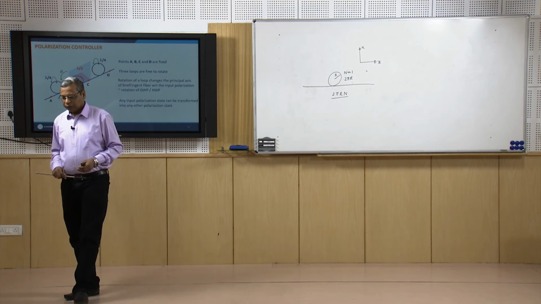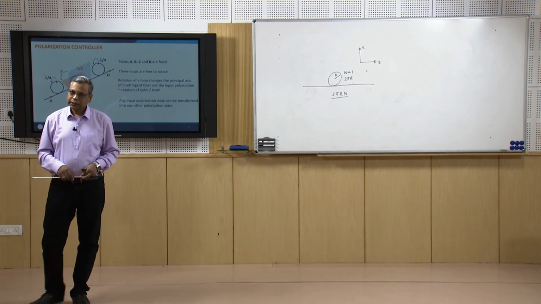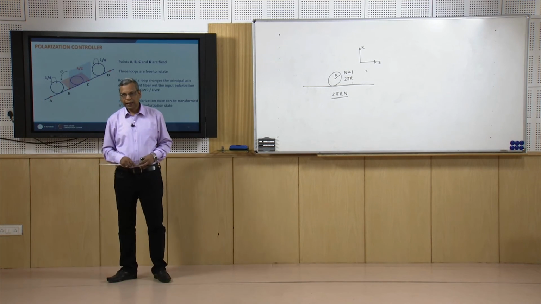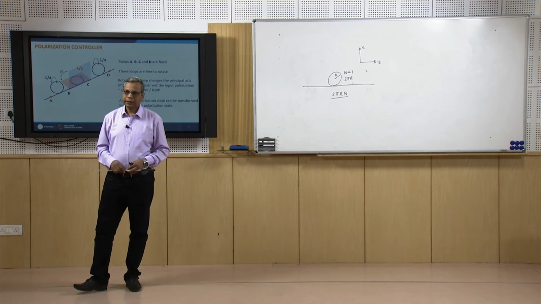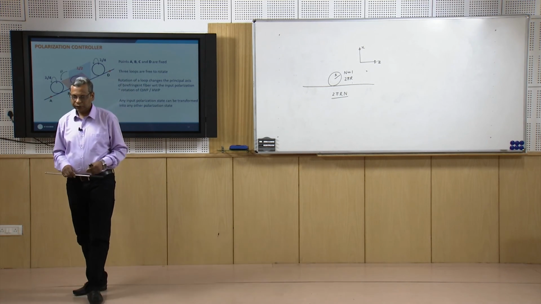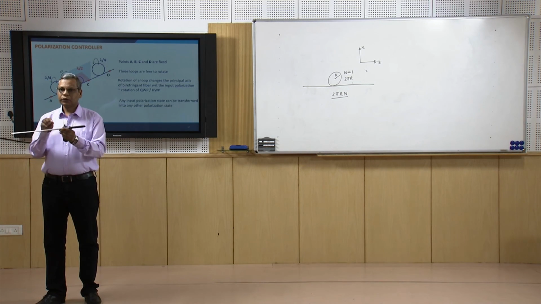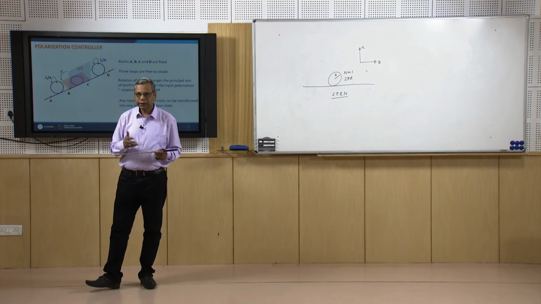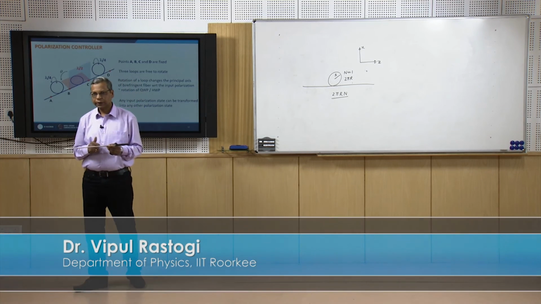In the next few lectures, we will study some other components based on optical fiber, and these components involve gratings in the core of the fiber. What you can do, you can in the core of the fiber introduce periodic refractive index modulation, and this periodic refractive index modulation can alter the spectrum of the light which you pass through this fiber.